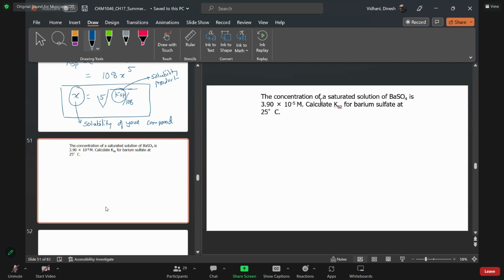Now I gave you the concentration of barium sulfate, which is 3.9 times 10 to the power of -5 molar. How do you calculate KSP in this case? Well, quite simple. First of all, write down the equation. Barium sulfate solid dissociates into barium ions and sulfate ions.